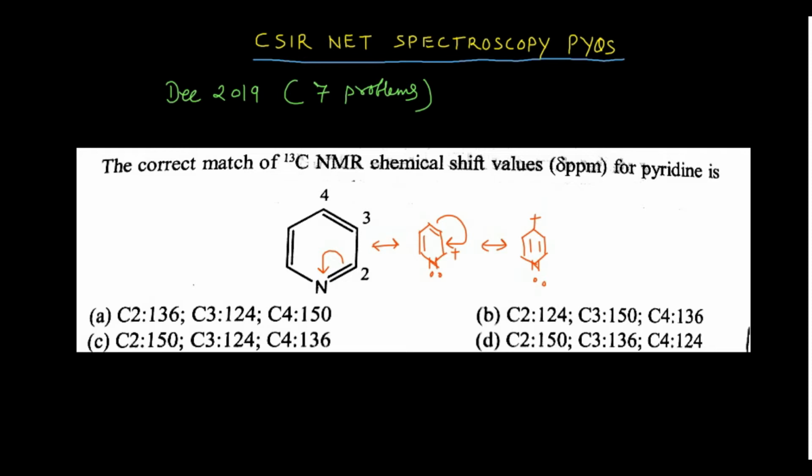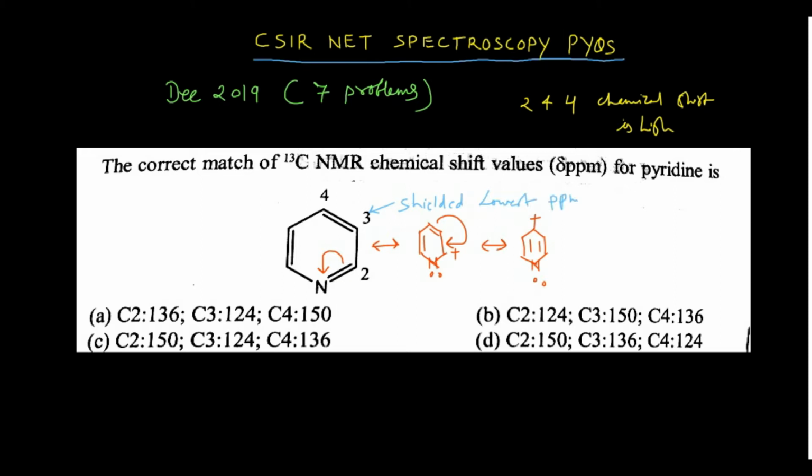Please remember, for carbon 2 and 4, the chemical shift would be high. It means that carbon number 3 will have the lowest chemical shift value, because it is shielded. Electrons are there to shield the carbon. And when it is shielded, it will have the lowest ppm value.